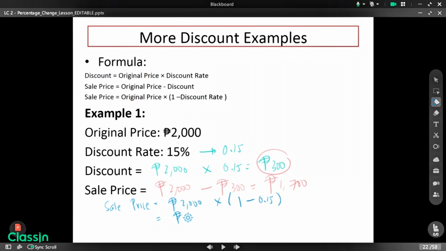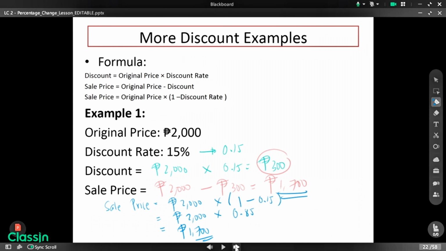So it is 2,000 times 100% minus 15%, which is 0.85. And what is the answer? The answer is still 1,700.